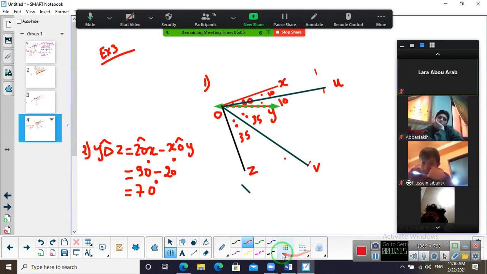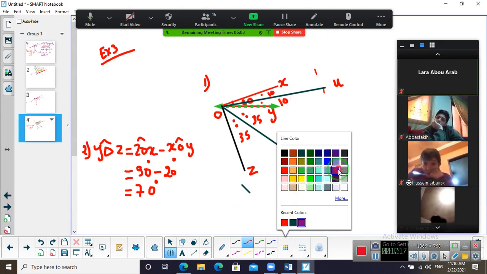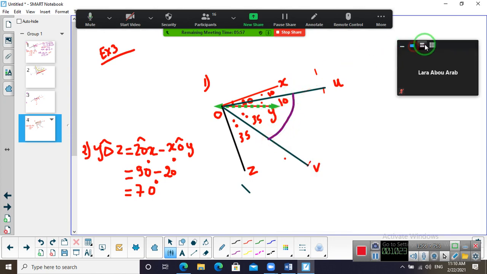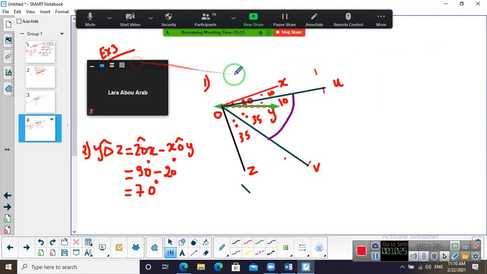I'll change the color. I should calculate now UOV, this one, 10 plus 35. To calculate 10 plus 35, first of all, teacher, it's part 4, and here part 3 on the figure, since I will draw bisector. First of all, I should say OU is the bisector of the first angle.